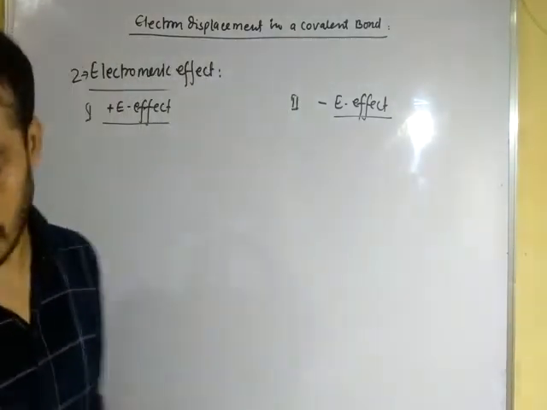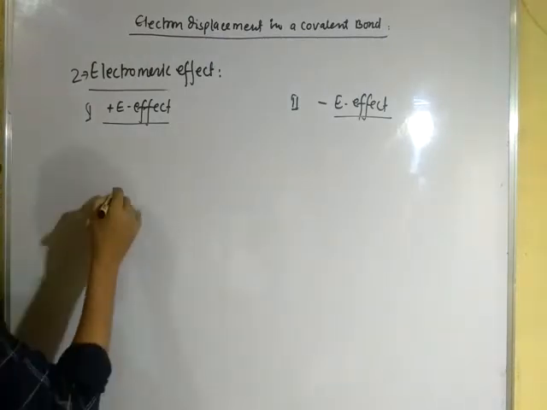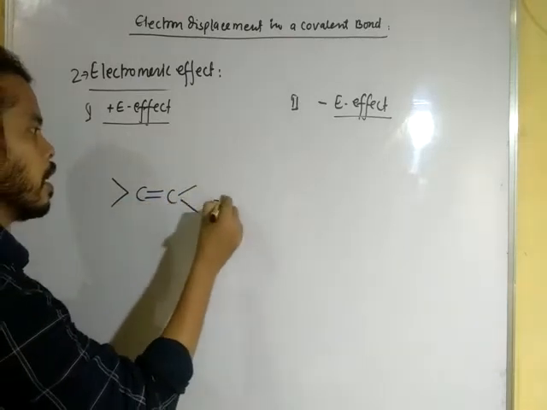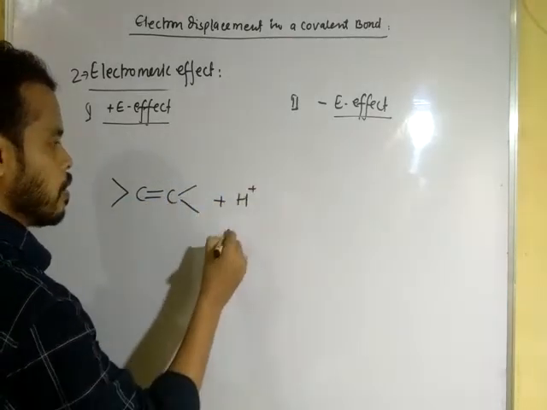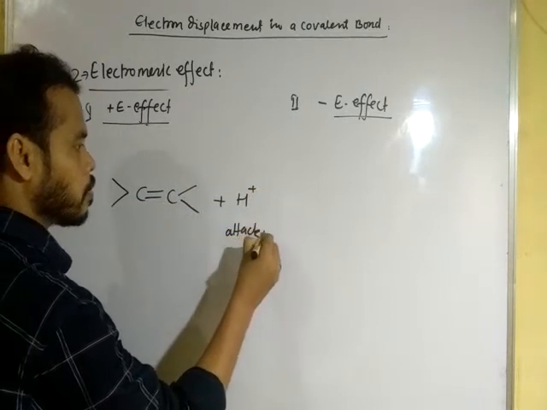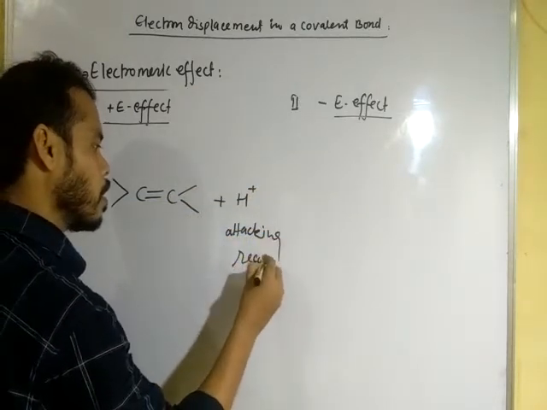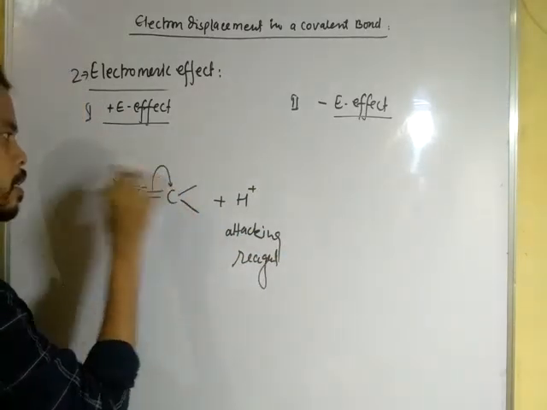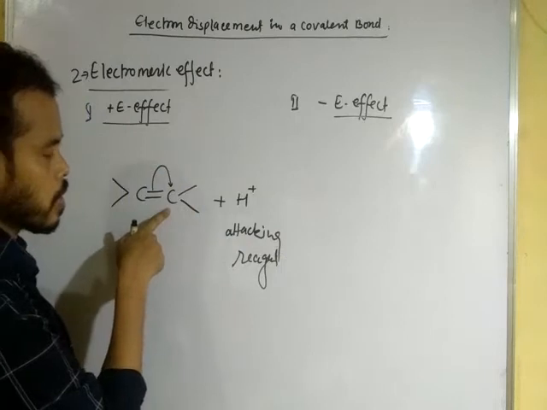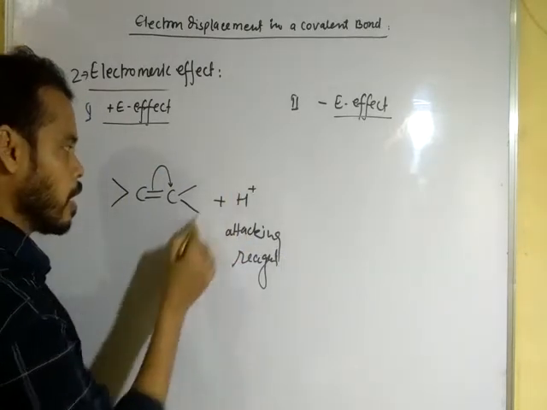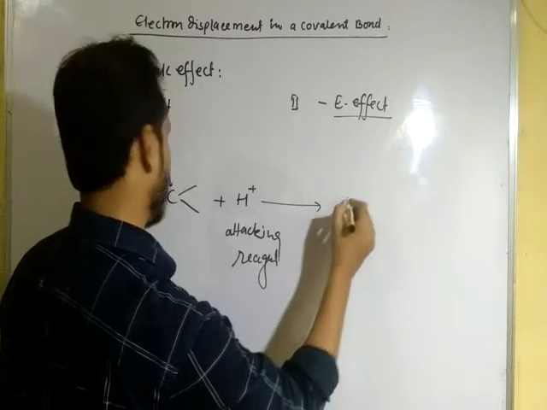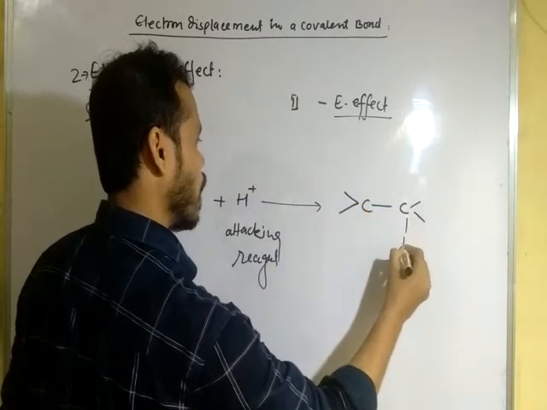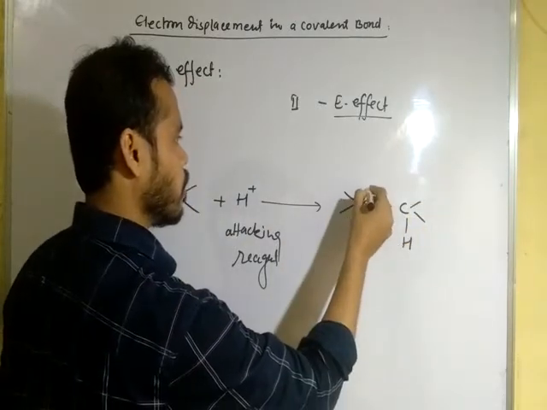Let us see the example: carbon double bond carbon, and the attacking reagent is a proton. The electrons transfer in this direction to this carbon atom, and then the proton attaches to this carbon atom, giving carbon bonded to hydrogen. The other carbon will get a positive charge.